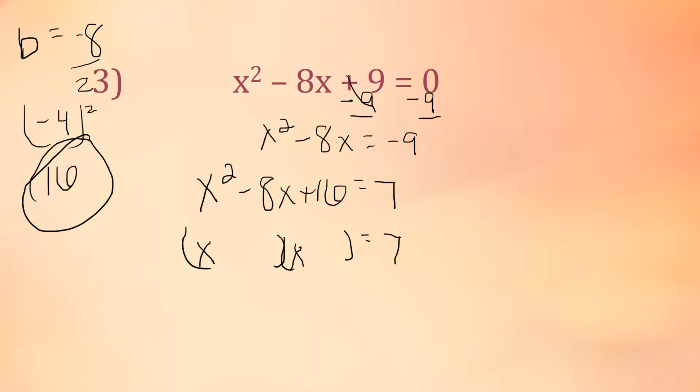So I think this is, let's see if I can factor this down here. 8 times 2, well, that's not going to give me a negative 8. 4 and 4, it's probably 4 and 4, right? When I add them, I get negative 8. So I'm going to write it as a perfect square.